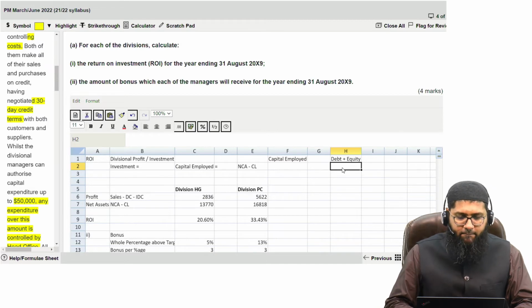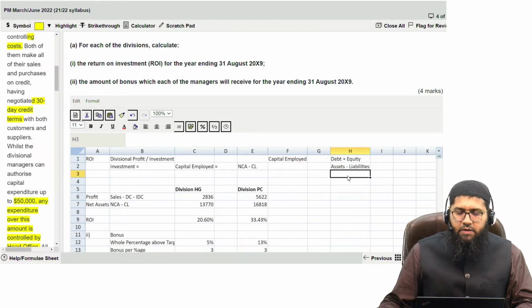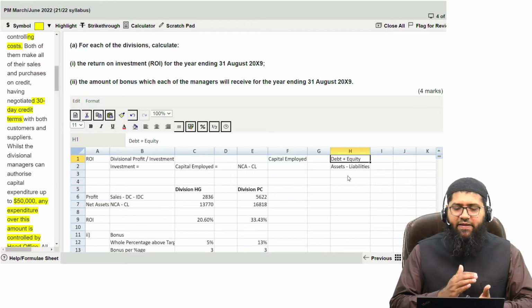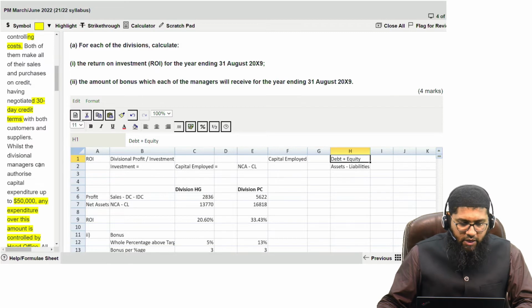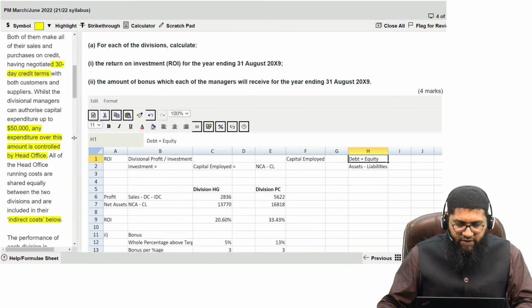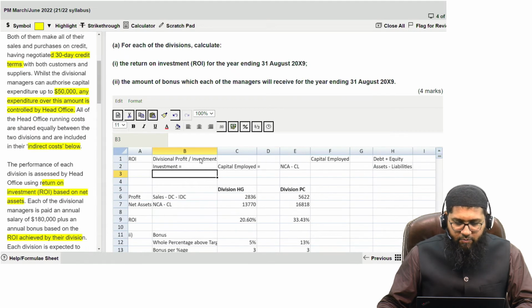Or it could be assets minus liabilities. Now let me just recheck if I have made a mistake. I think I made a bit of a mistake. In this capital employed, I've taken the other formula. Let's just see.